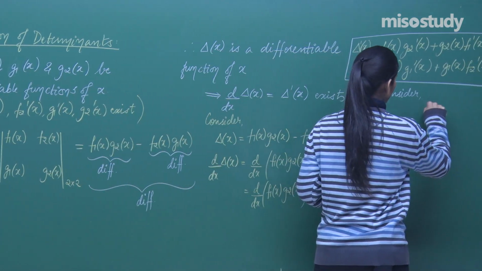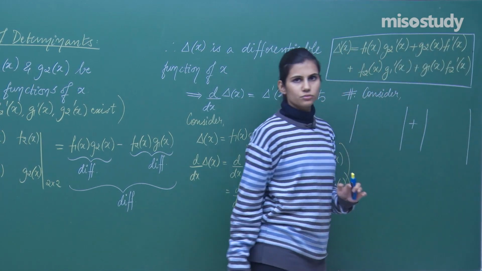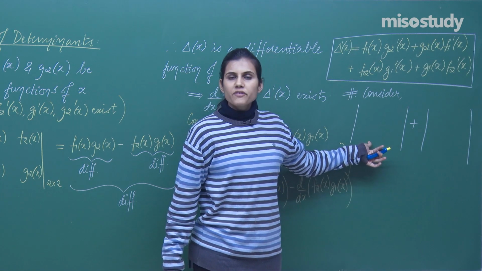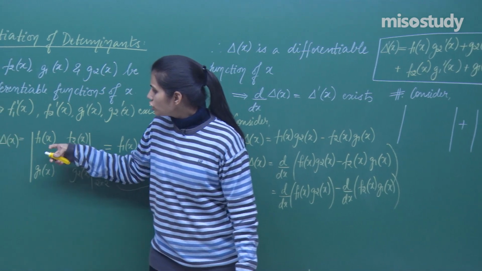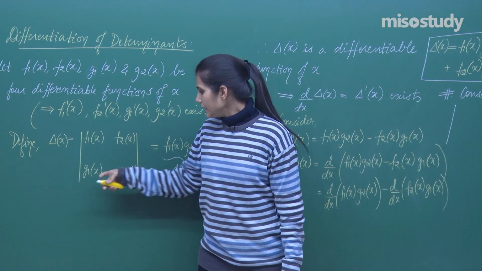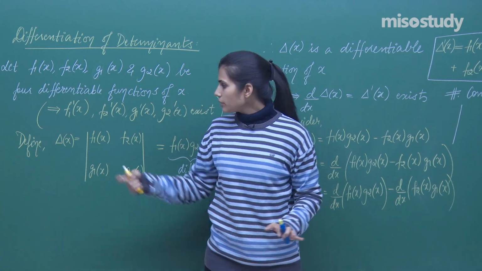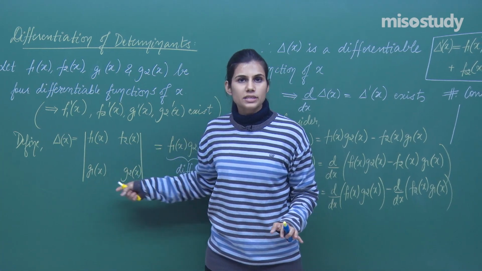So I will be taking one determinant of order 2 cross 2 and adding it up with another determinant of order 2 cross 2. Wherein the first determinant will be obtained by differentiating the first row, keeping the second row as it is, and the second determinant will be keeping the first row as it is, with the differentiation of the second row.